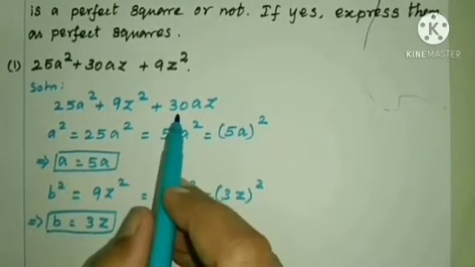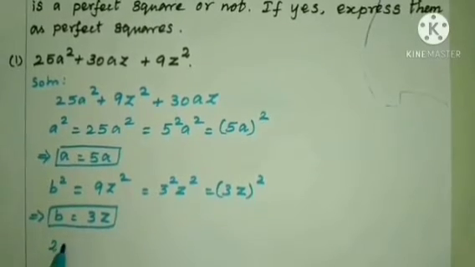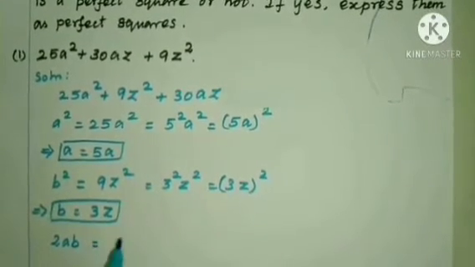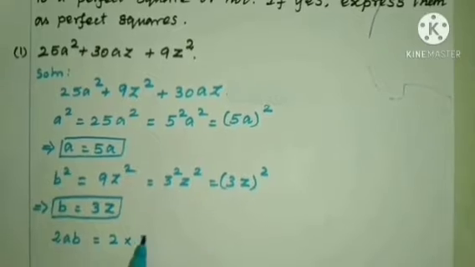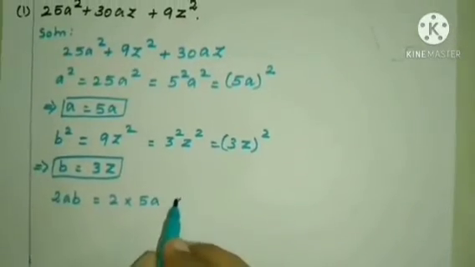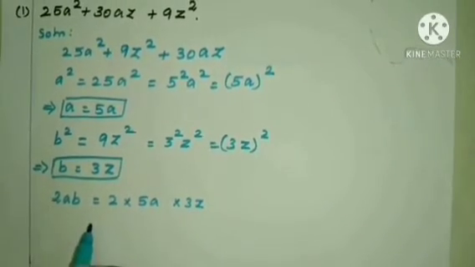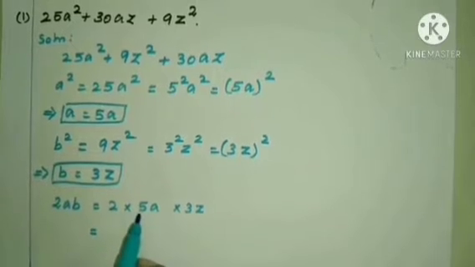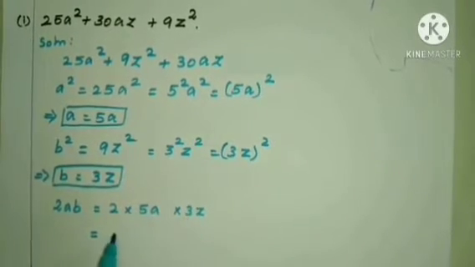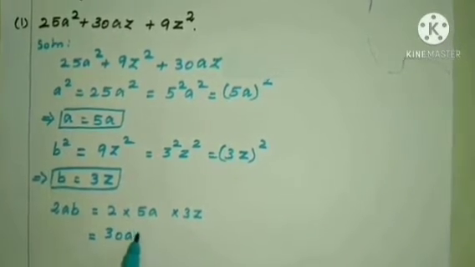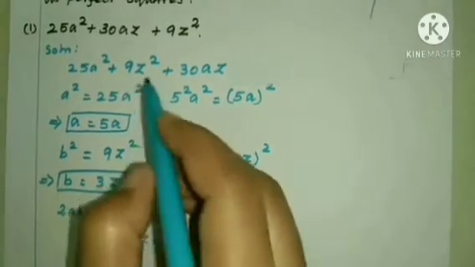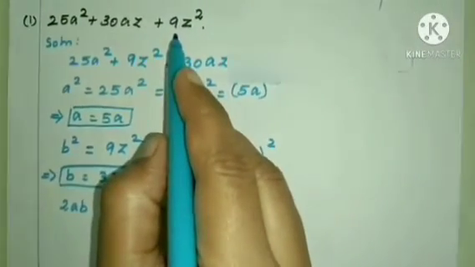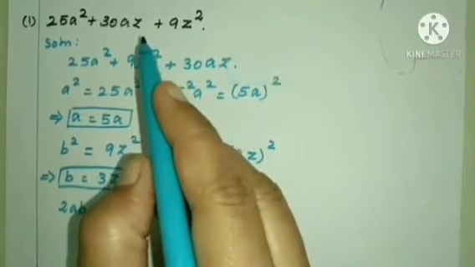Next, the third element is 2ab. Here 2 into 5a into 3z, which is equal to 5 2s are 10, 10 3s are 30az. So this given expression is a perfect square.